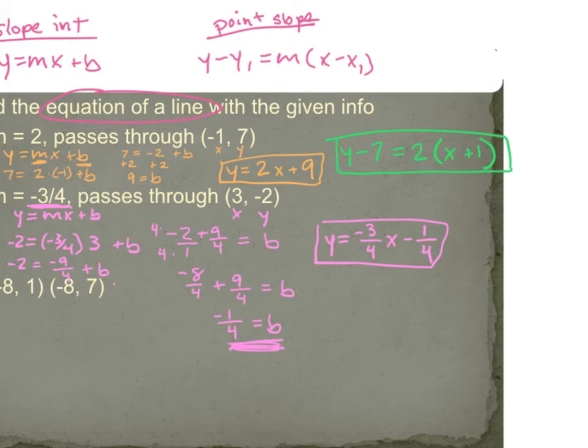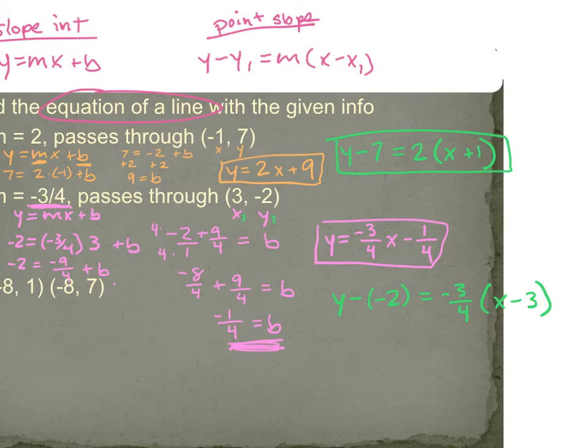If we were to take what was given and plug it into point slope form, we just plug in our x1 and our y1 and our slope. So we have y minus y1, which is negative 2, is equal to our slope, negative 3/4, times x minus x1, which is 3.